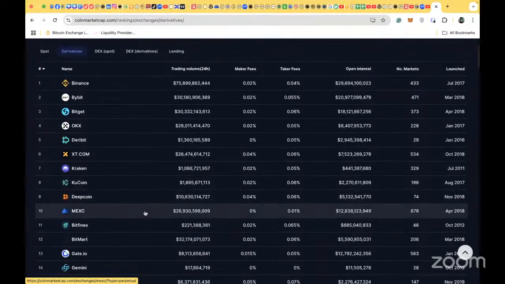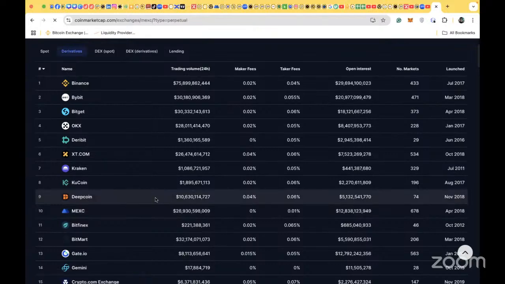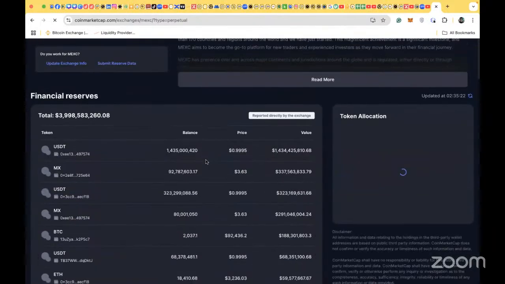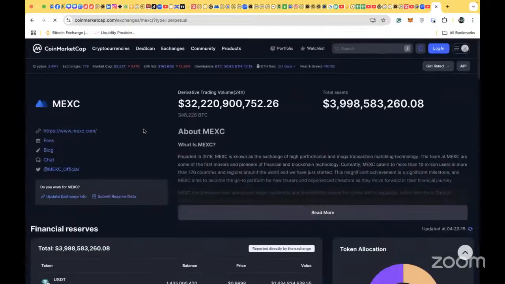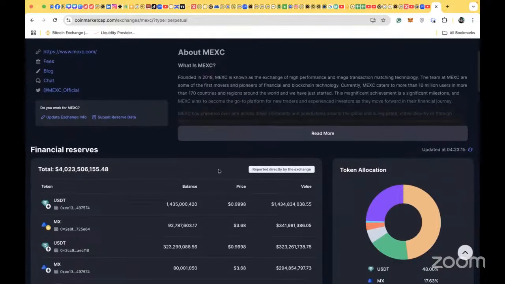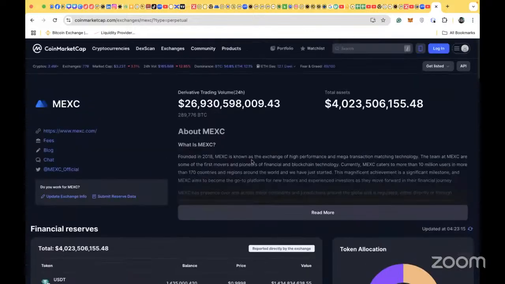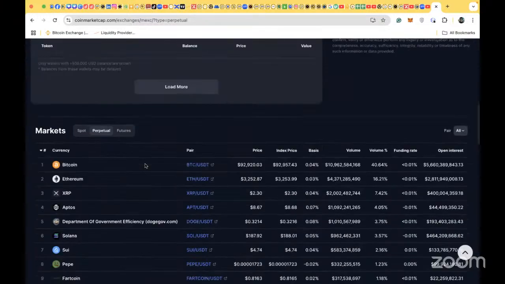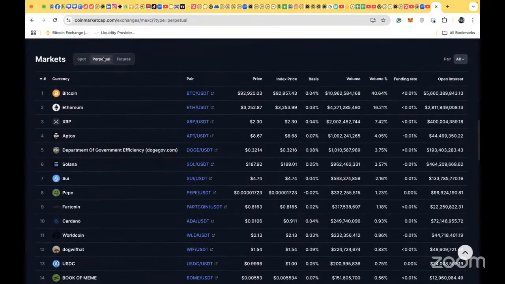Perpetual. Less than 0.1%. 40% of the move. Volume of this 92.